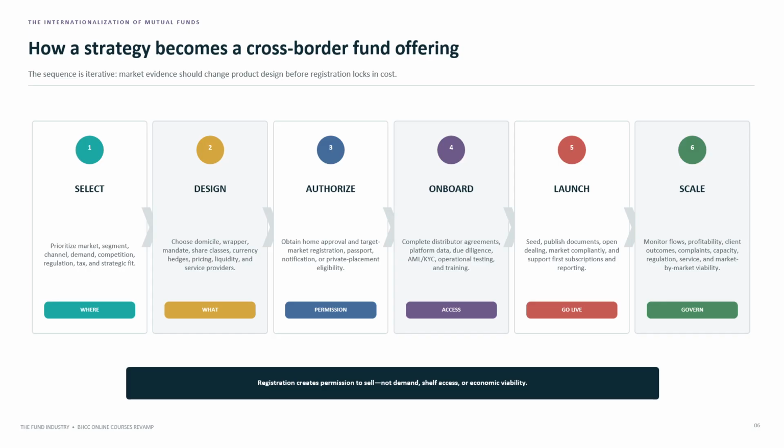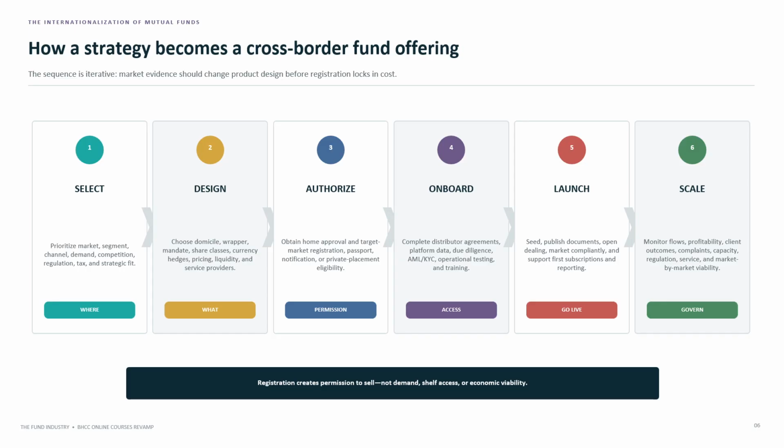Market interviews should change the design before legal documents lock in cost.